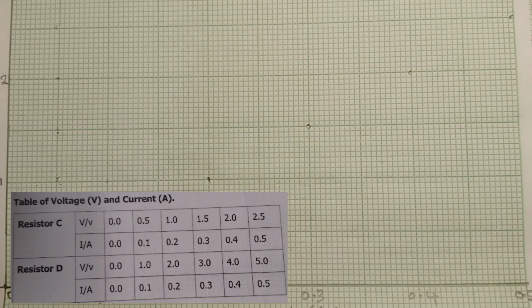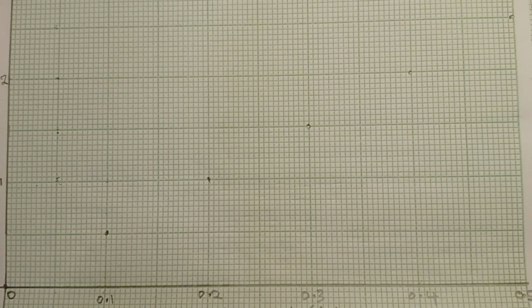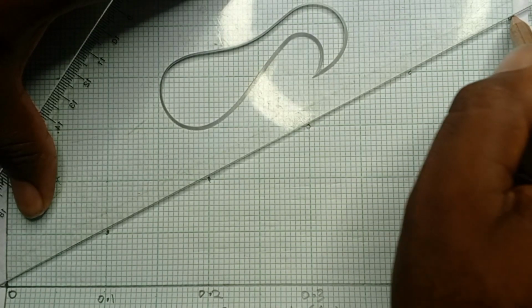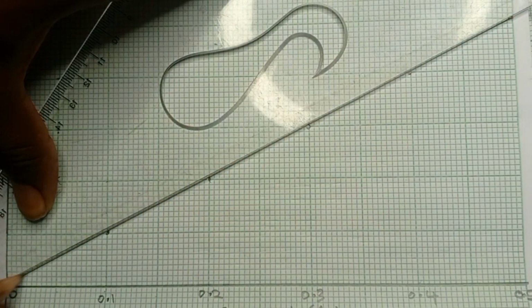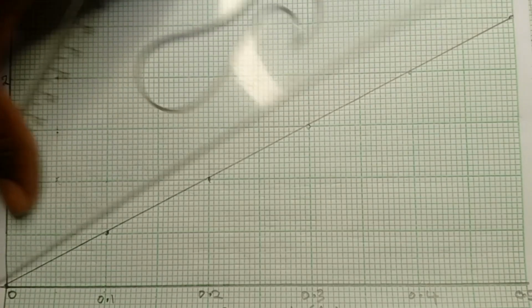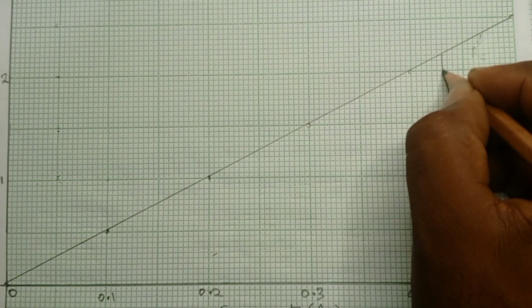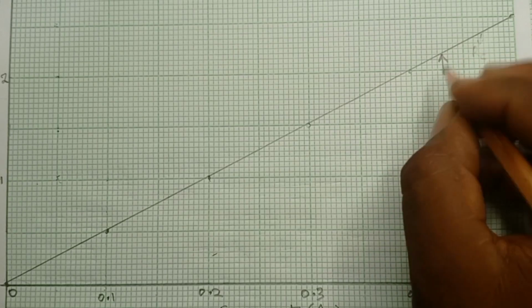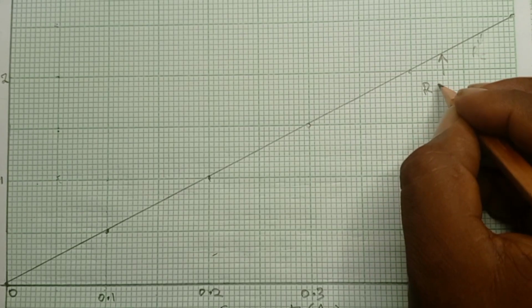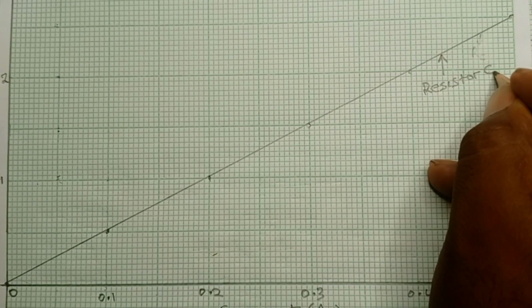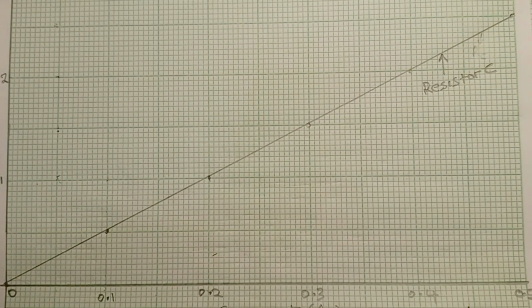So this is resistor C. So I'm going to draw a straight line. So I'll draw a best fit line. So that is the best fit line. So this graph is resistor C.